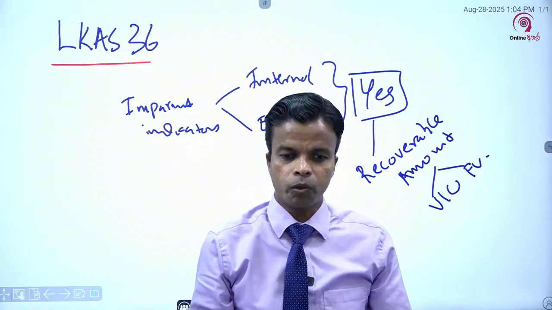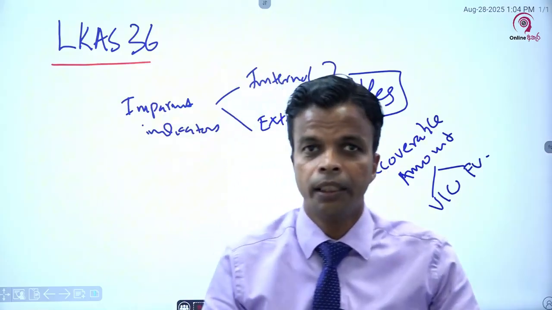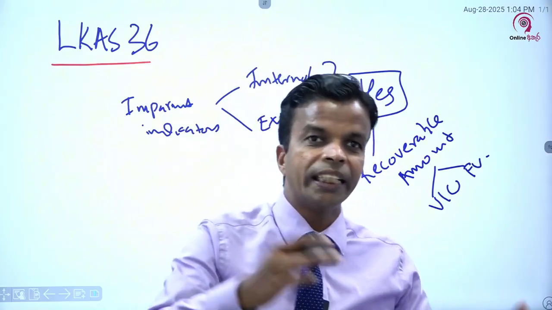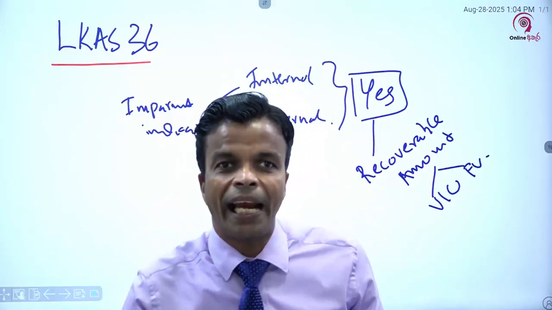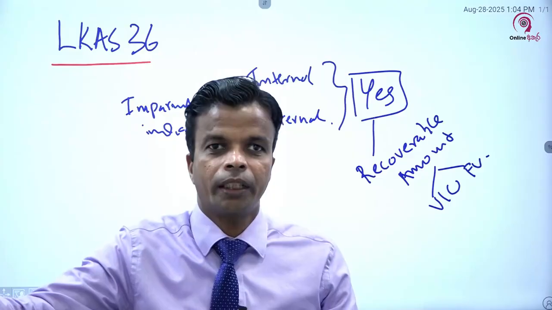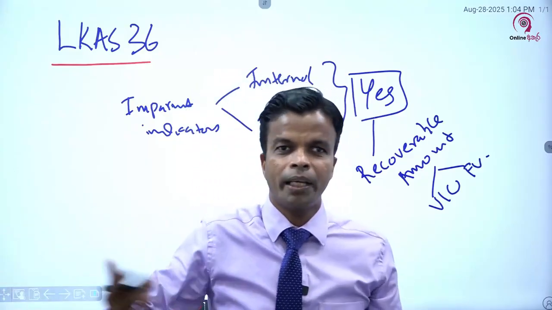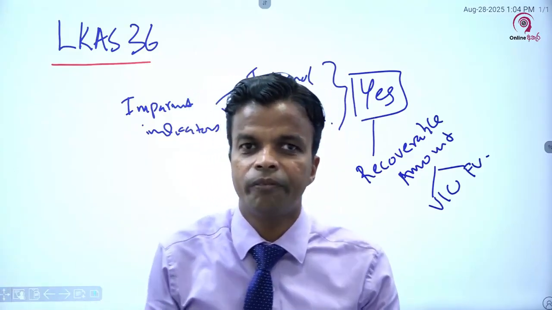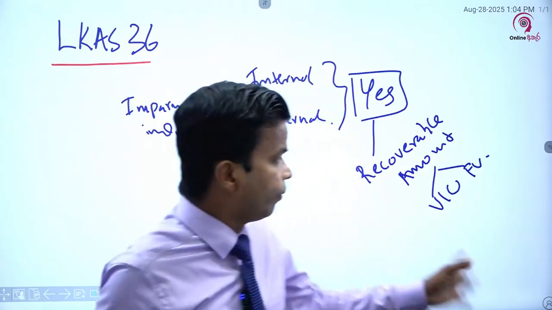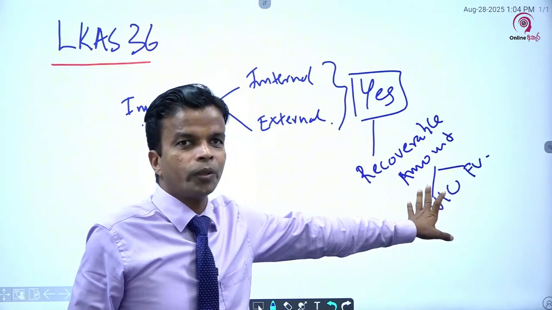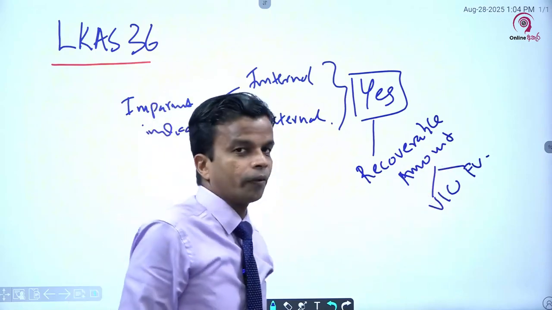However, most of the time in practice, entities like to go for value in use calculation rather than fair value, because they don't have a plan to sell it. If you don't have a plan to sell it, applying fair value may not be meaningful. So either way, the standards say that you can apply both and you should get the higher of it, right?